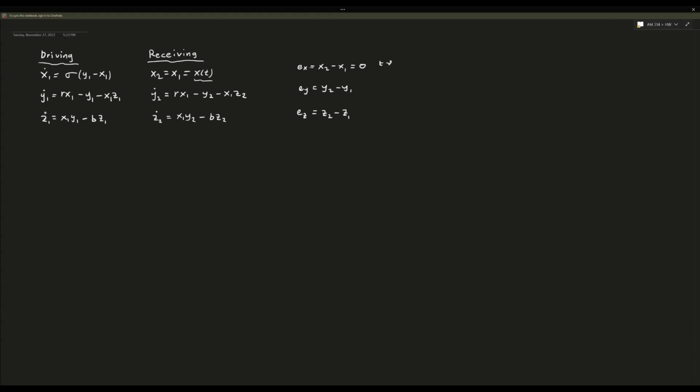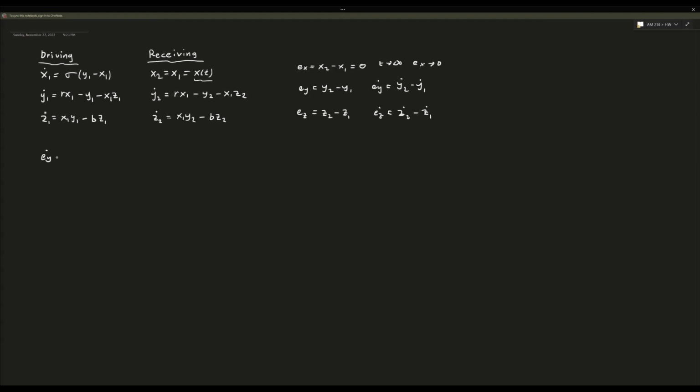So as c approaches infinity, we'll have that ex is going to 0. And we want to show that ey and ez have similar behavior. So if we set up the differential equations for this, ey dot is y2 minus y1 dot, and then ez dot will be the difference, z2 dot minus z1 dot.